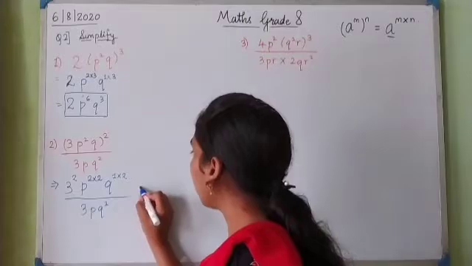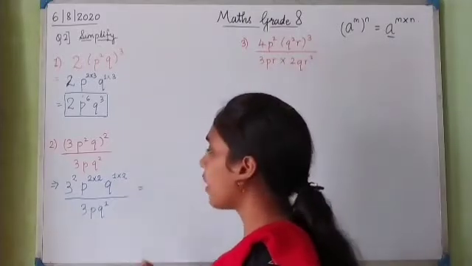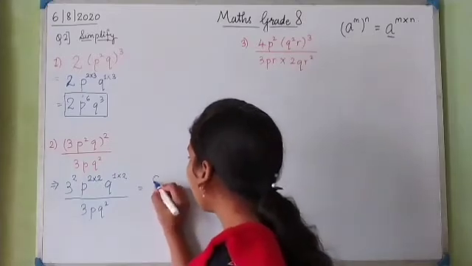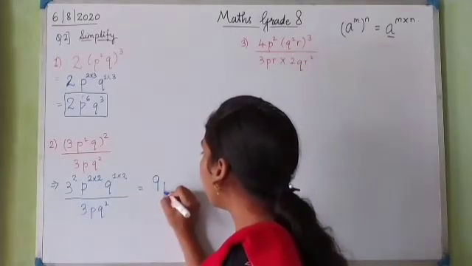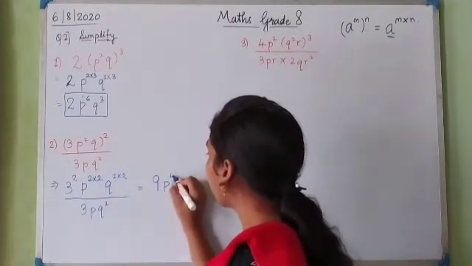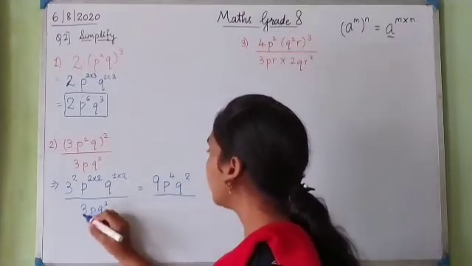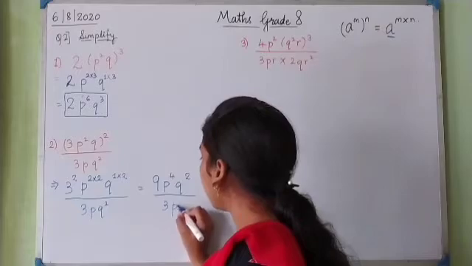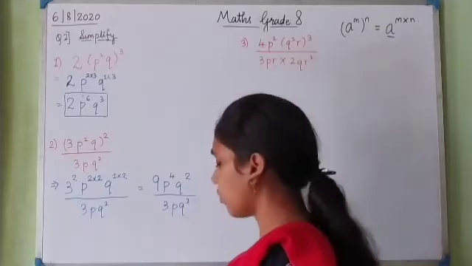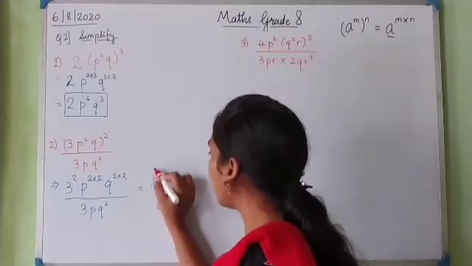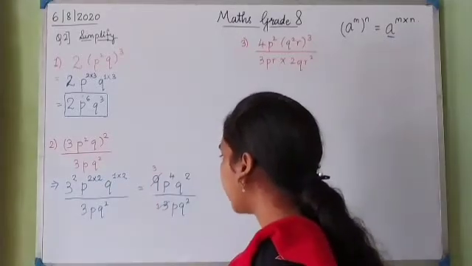Okay, so we now solve this. So what will this be now? 3 raised to 2 is what? 3 into 3 is 9. So this is 9. Then p raised to 2 into 2 is 4, and q raised to 1 into 2 is 2, divided by 3pq square. Okay, now this 9 and 3 can be divided, so 3 1s are 3 and 3 3s are 9.